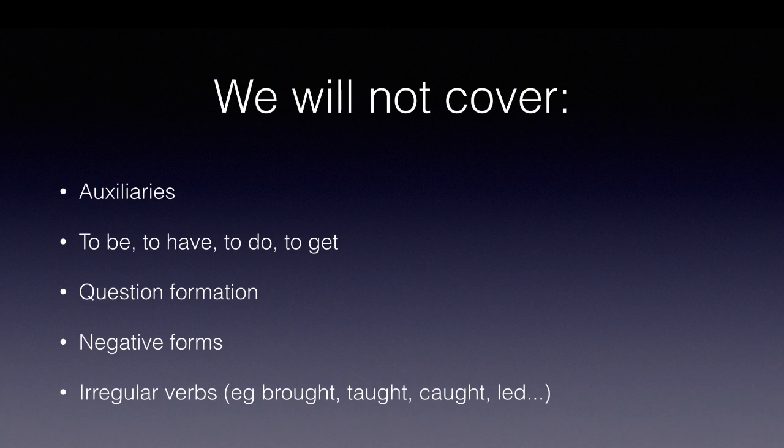I especially need you to know the verbs to be, to have, to do, to get. You'd be surprised. We're not going to look at question formation. Well, just once briefly, something about a princess, a sandwich and a monster. I'm just going to leave that dangling.